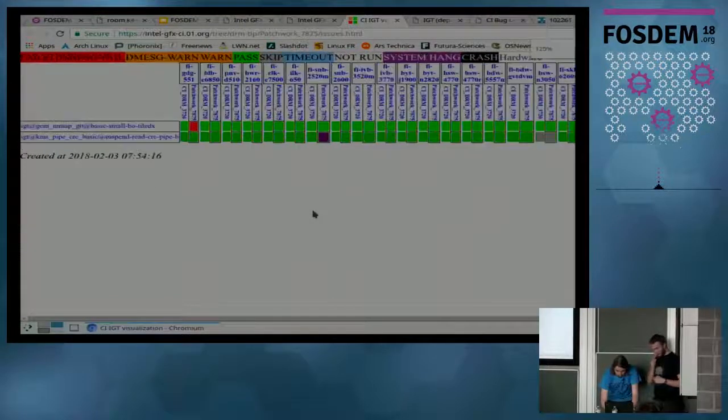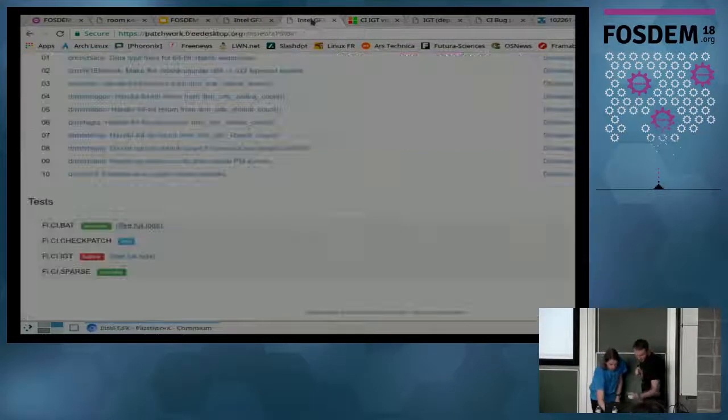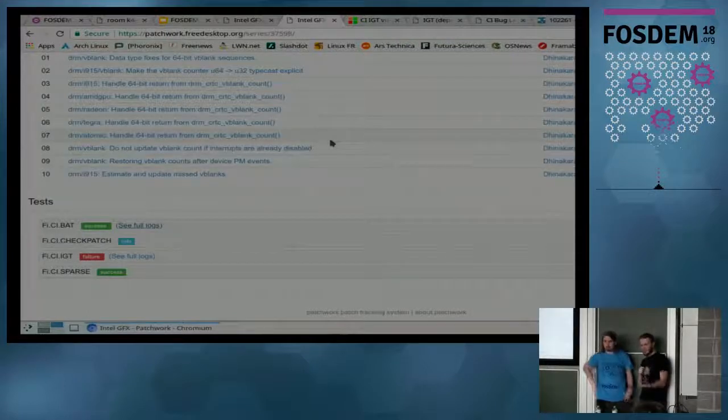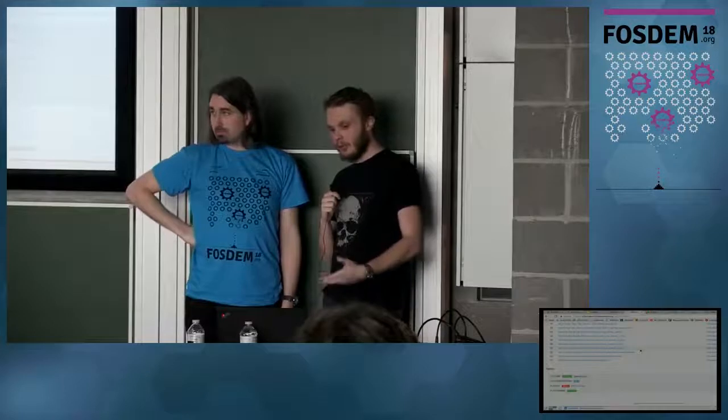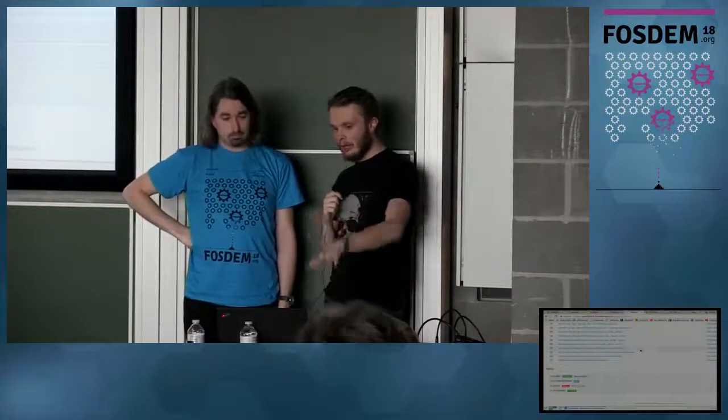Okay, let me interrupt you for a second. With Patchwork, the idea is that it's as unobtrusive as possible. It picks up the patches from the mailing list. It has an email address associated with it, and it subscribes to the mailing list and parses them for you and arranges them for free.